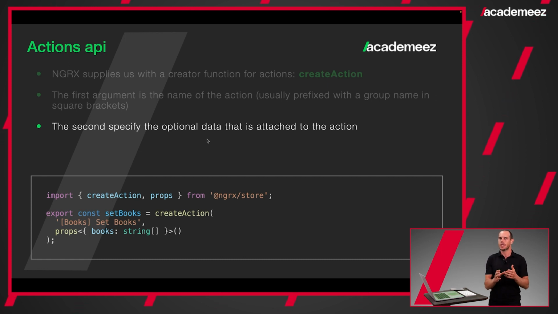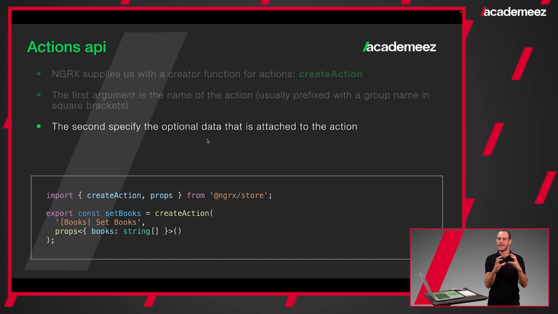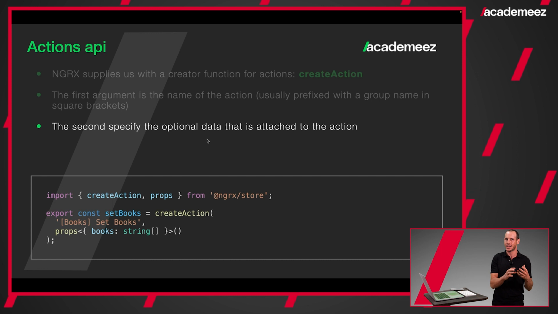Now, it's a good convention. It's not a must, but it has two benefits. One, actions need to have a unique identifier. So putting them in a group will most likely prevent you from taking one action name and accidentally repeating that name in a different action.